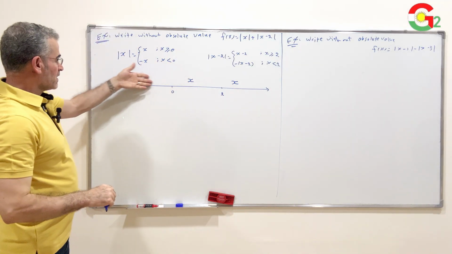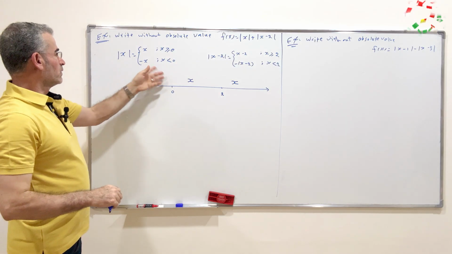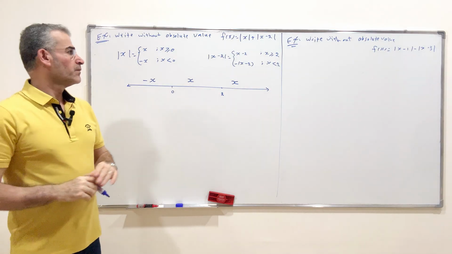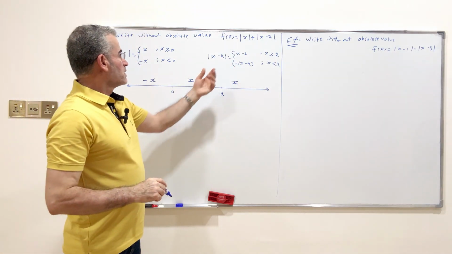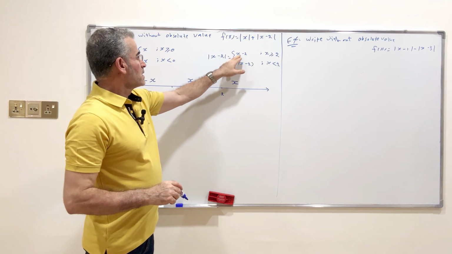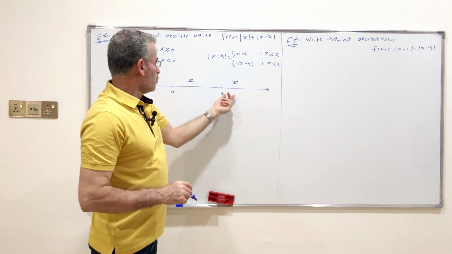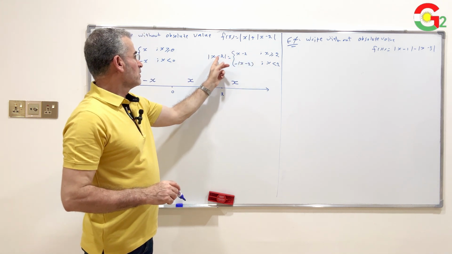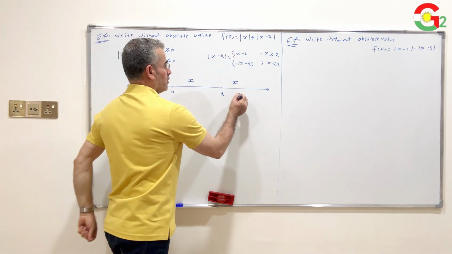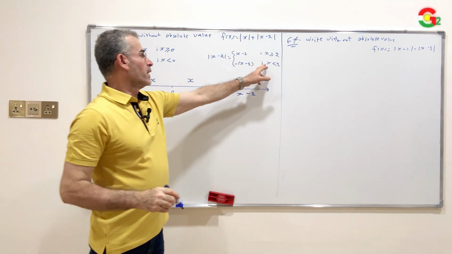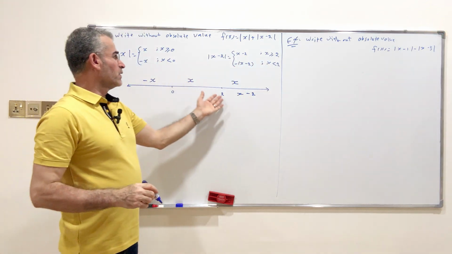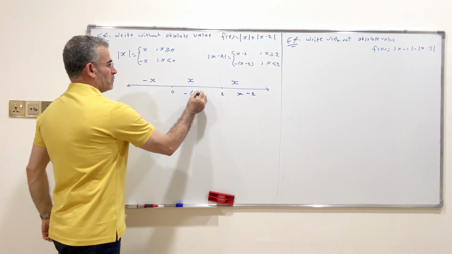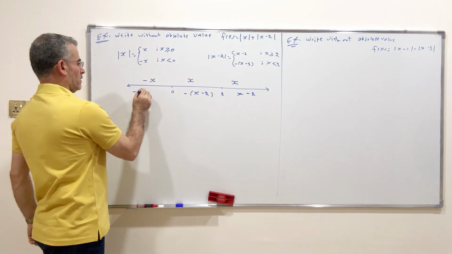When x is less than 0, from negative infinity to 0, absolute value x I can write as negative x. For the other absolute value, when x is greater than or equal to 2, from 2 to positive infinity, absolute value x minus 2 equals x minus 2. When x is less than 2, from negative infinity to 2, the absolute value equals negative bracket x minus 2, here and here.